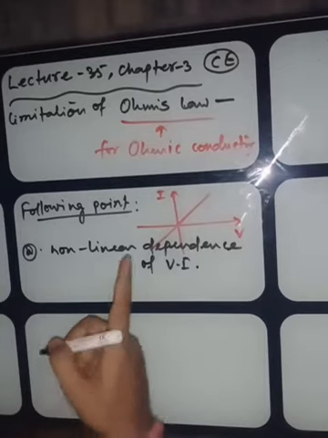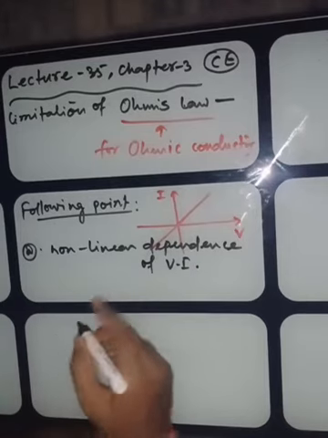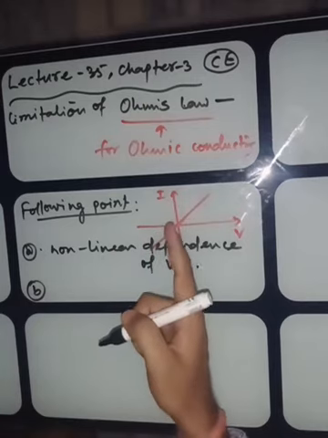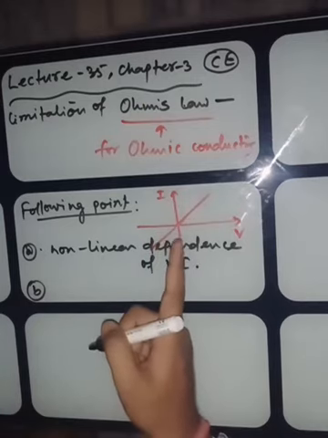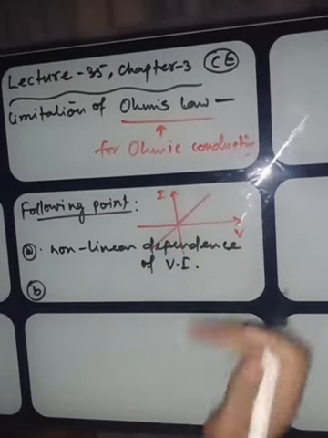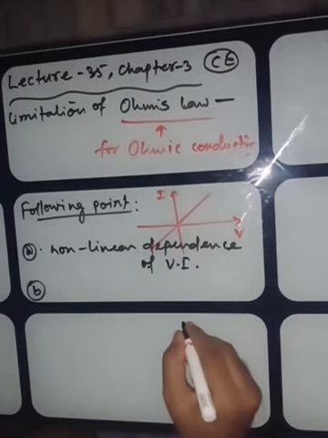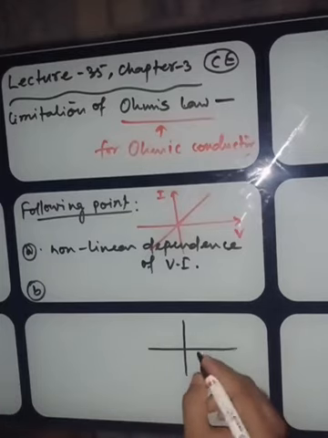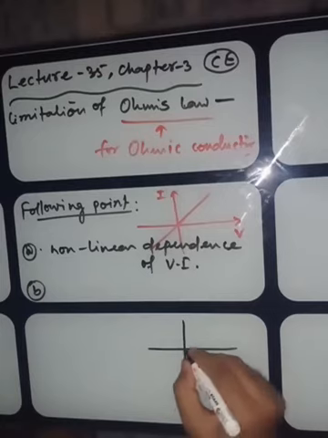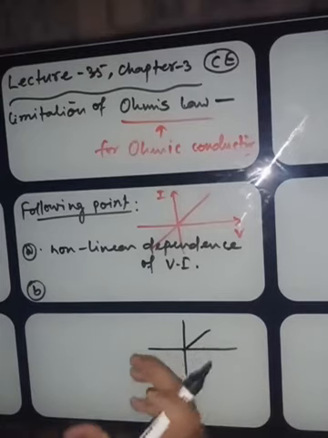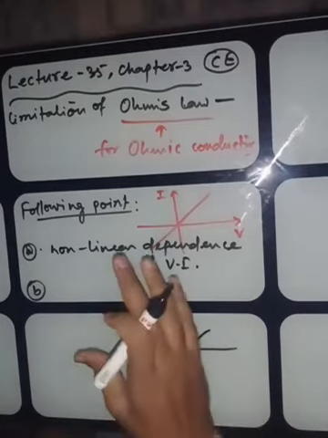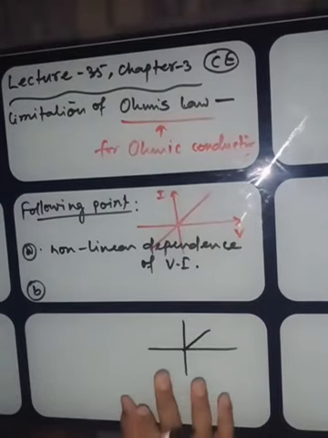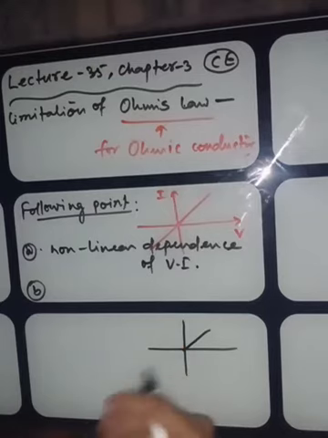The conductor will show non-linear dependence. That is the second point. For the same value of voltage, I am drawing the graph this way. For the same value of V, the graph of VI depends upon the sign of voltage.